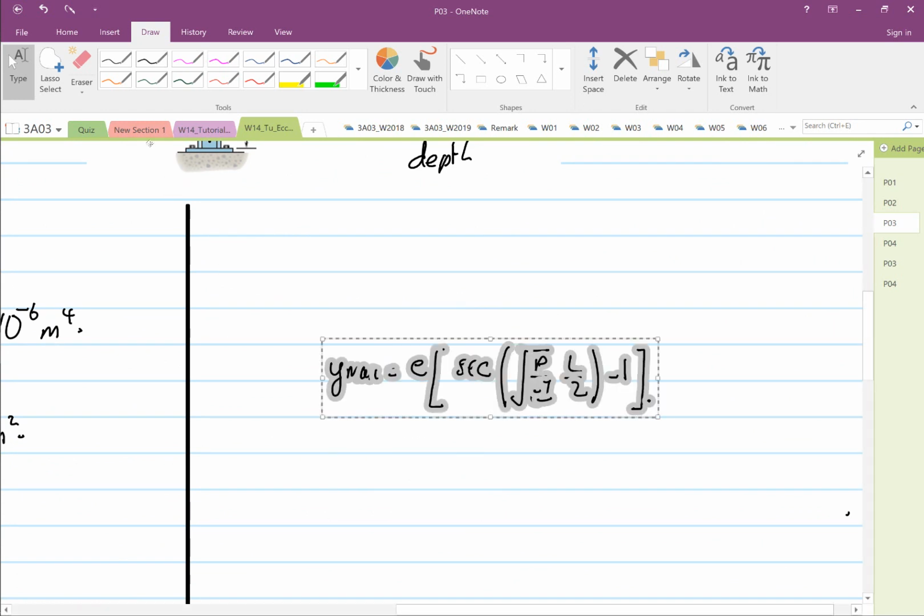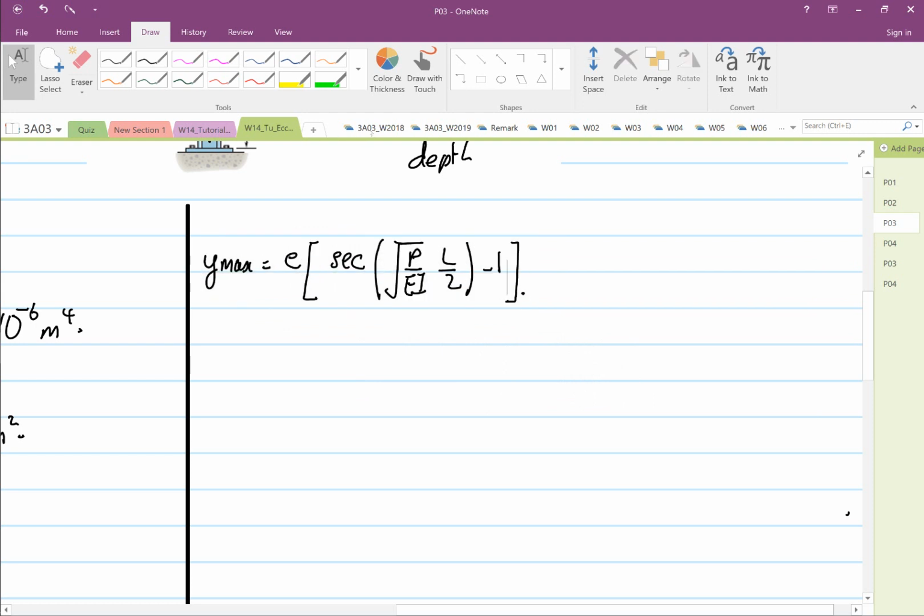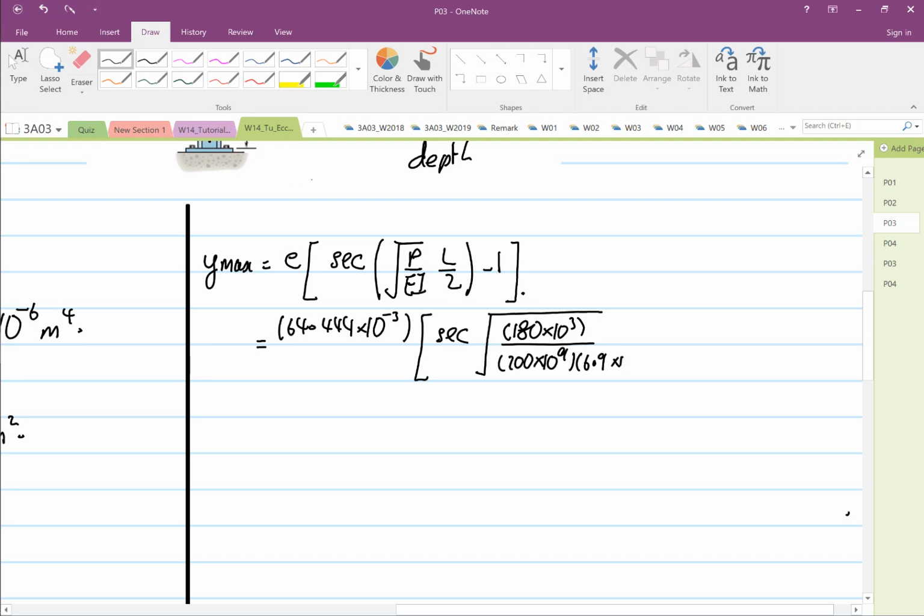It's again just putting in the formula: 64.444 times 10 to the power minus 3, then secant of the whole thing, square root of 180 times 10 to the power 3 divided by 200 times 10 to the power 9 times 6.9 times 10 to the power minus 6, close bracket, times 4.2 divided by 2, and then you minus 1 again.